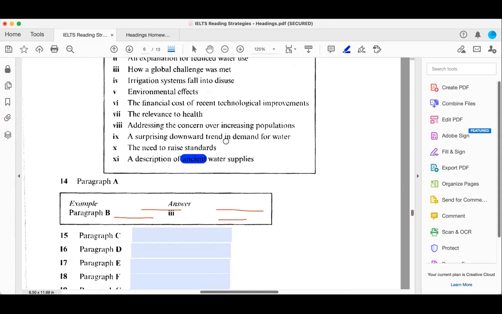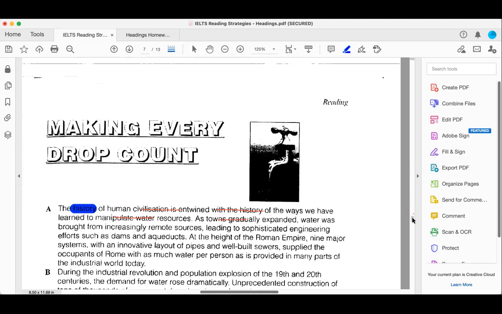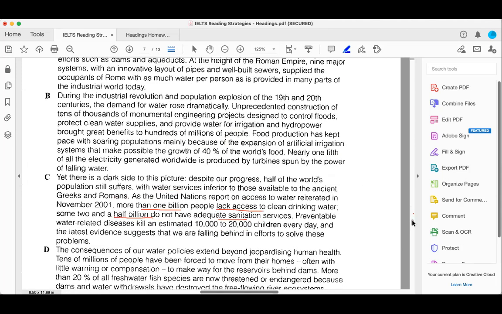Yes or no? In demand for water? It should be, maybe. Which one is? Show me which part. So we are here. Which part? Lack access to clean drinking water. So lack access to clean water means you don't have water, right?